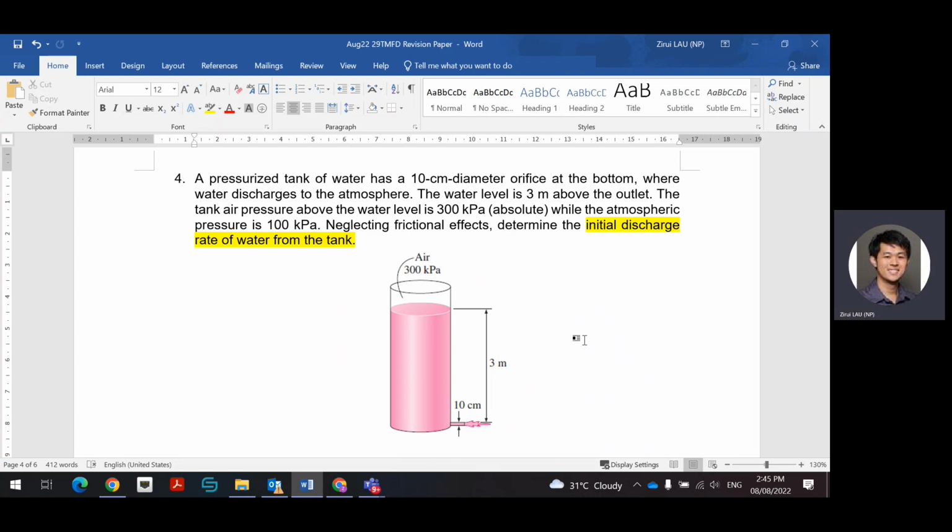Understand? You see, the problem with some of the fluid mechanics questions is that they seem very complicated. But actually, the bottom line is you just have to apply the Bernoulli equation, even though it seems not related.